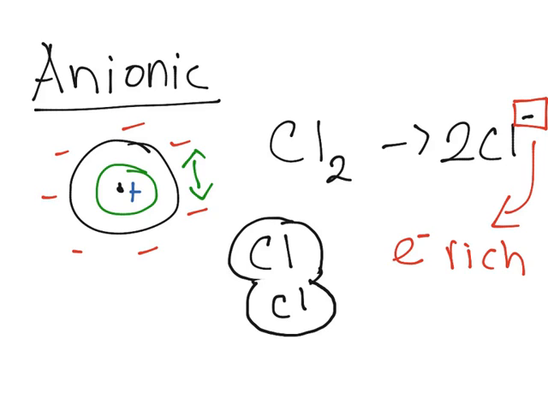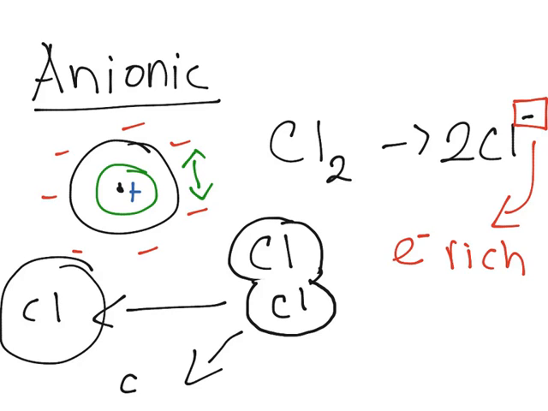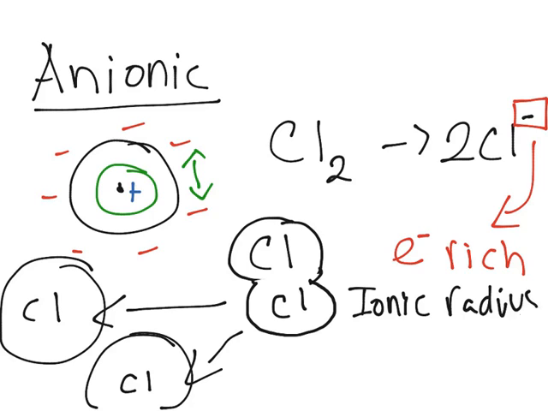Then it would become, as you can see in the formula, 2 bigger anions. So for our trend, ionic radius increases for anions.